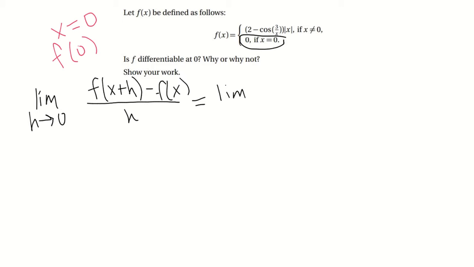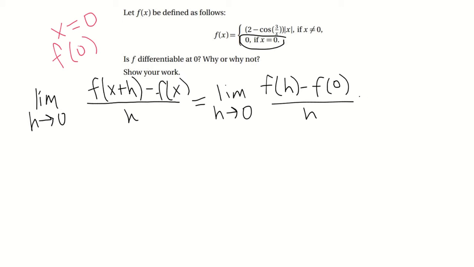That's going to be the limit as h goes to 0 of f of 0 plus h, so f of h, minus f of 0 over h. So we just plugged in 0 for x.